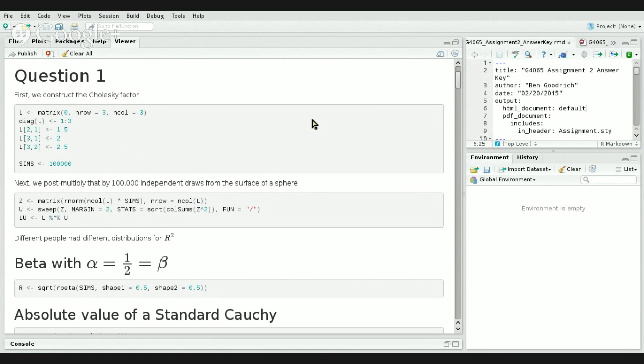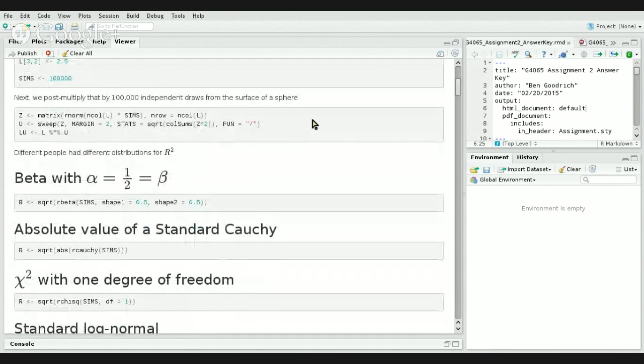So this will create a 3 by 100,000 matrix U, where each of the columns is a random draw from the surface of a sphere. And then we can multiply that by L to have something to work with intermediately.